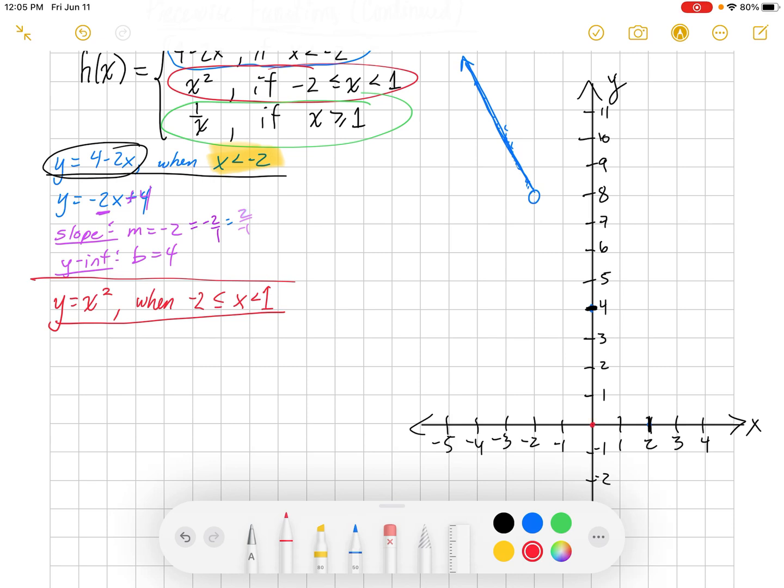So remember the squaring function. You have 0, 0 as a key point, 1, 1 as a key point, 2, 4 as a key point. What else do you have? You have negative 1, 1 as a key point, and negative 2, 4 as a key point.